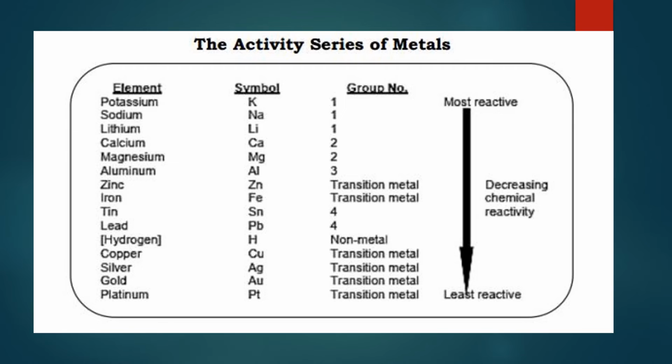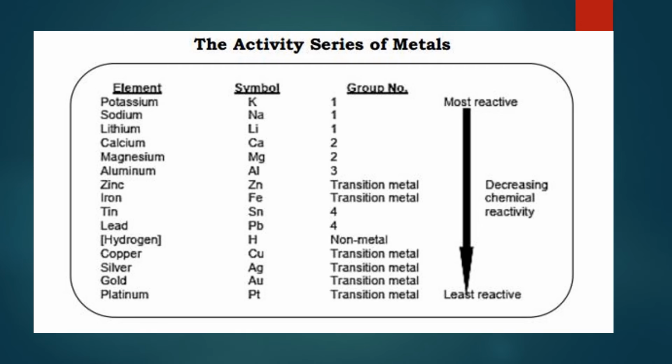So it indicates that those under the first group of the periodic table, I think I've already mentioned this in the previous explanation, because they are on the far left of the periodic table, they have the most reactivity. Comparing this to the next group, you have calcium and magnesium.